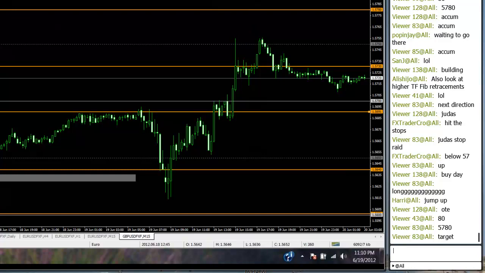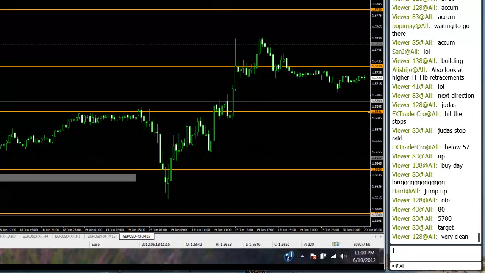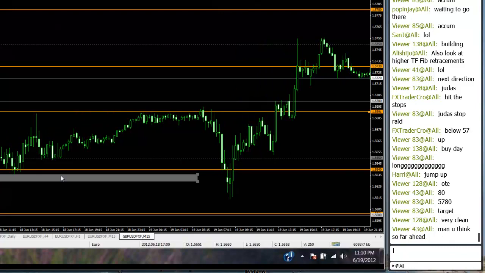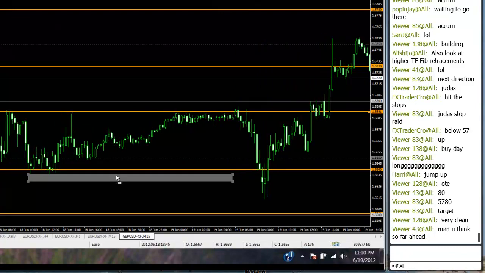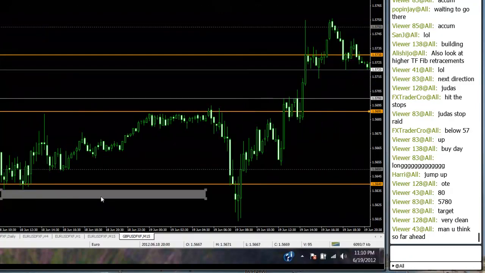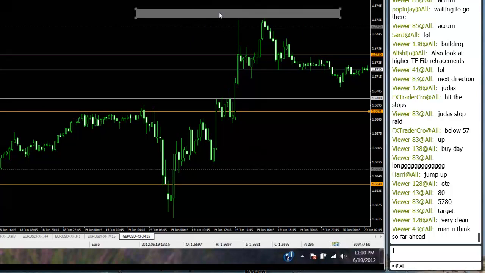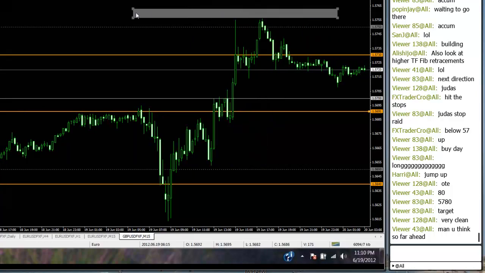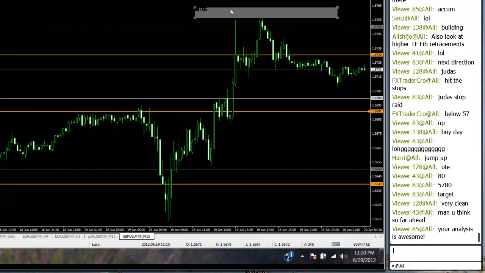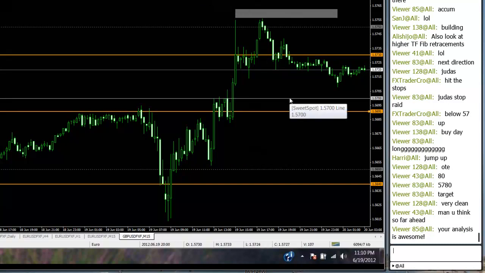It's very similar to this. That's where the buy stops are right now.